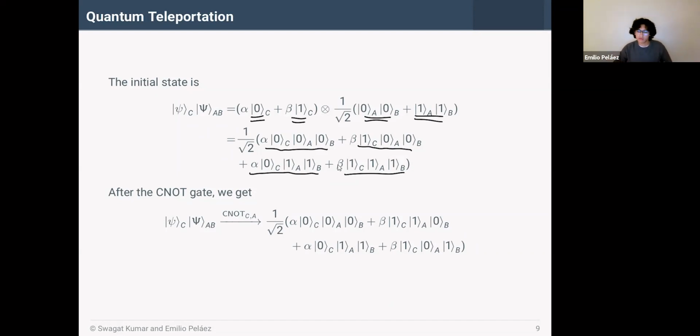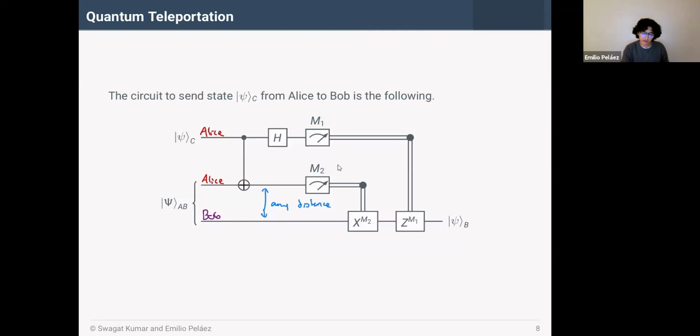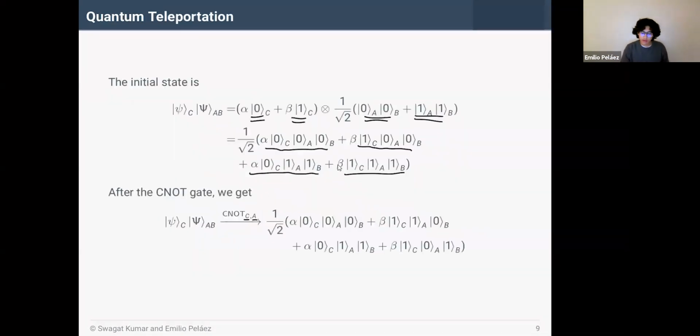Now we apply the CNOT gate with the control C and the target A, which is what these indices denote. The first index is always the control, and the second index is the target, same as here. We look for the states in which the control qubit C is in 1, which is just this one and this one.